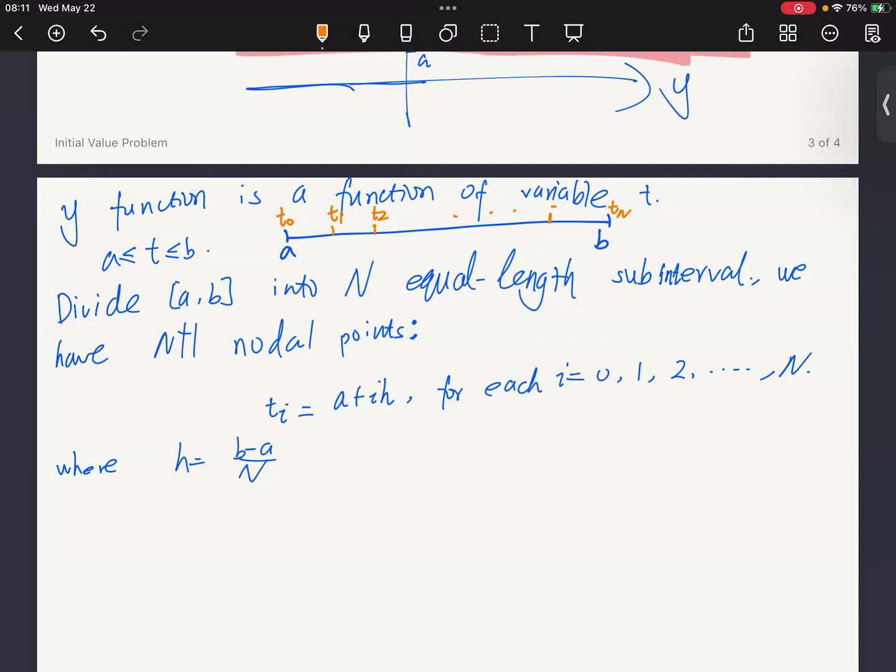We partition the interval into n subintervals, and now I'm going to do some Taylor expansions towards the point t_{i+1}.